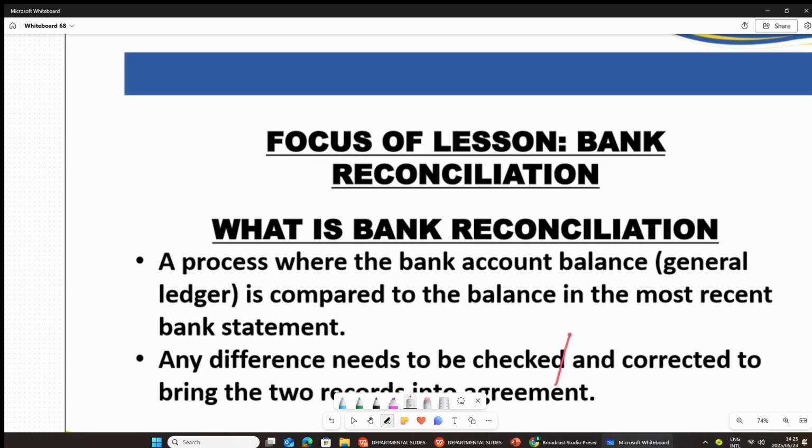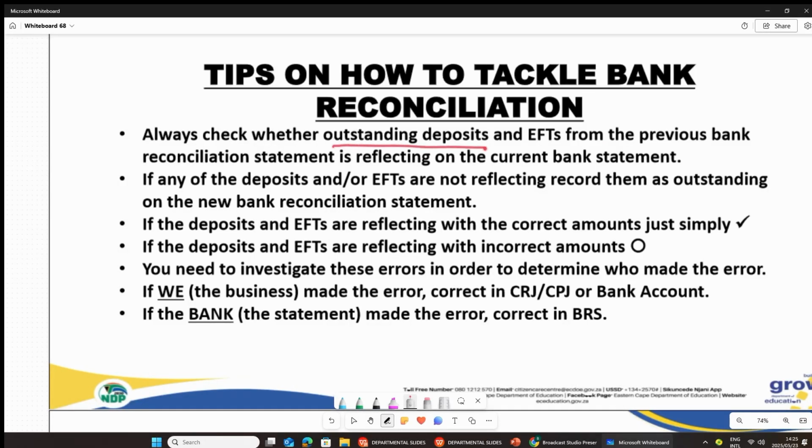Any differences? Tips on how to tackle bank reconciliation as a question. Always check whether outstanding deposits and EFTs from our previous bank reconciliation statement are now reflecting on our current bank statement. Let us say, for example, we are asked to do the reconciliation for January.